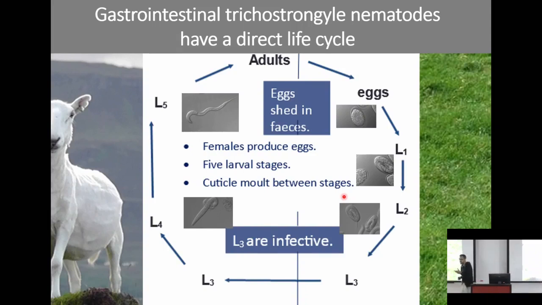These are the juvenile stages, and they are always within the host. So the L5 stage larvae finally convert into adults. Once converted into adults, they are sexually differentiated into male and female. So this is how the life cycle of this group of parasites works.